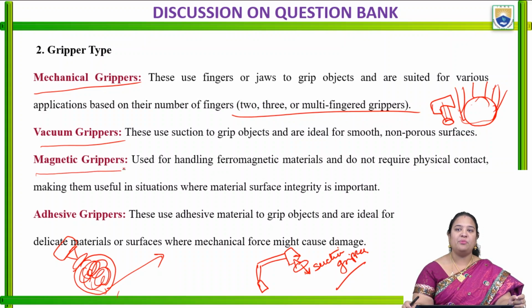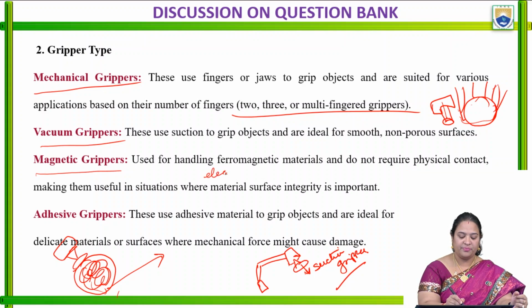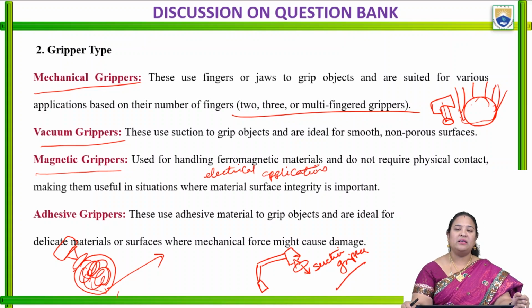Coming to the magnetic type of gripper, as I told you, these are especially used in electrical applications, where handling ferromagnetic material becomes easy.